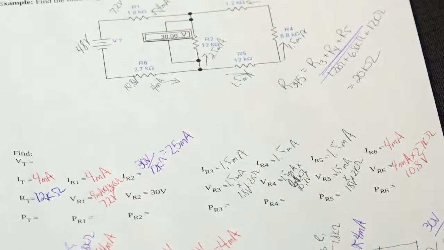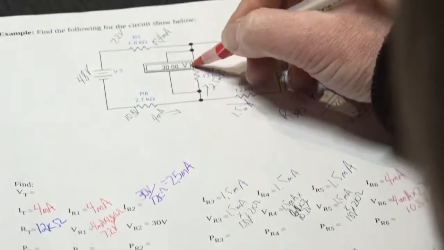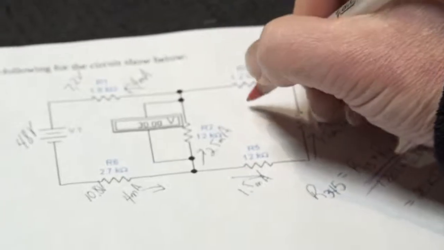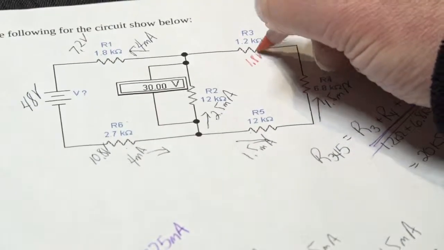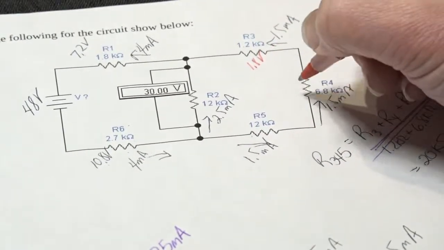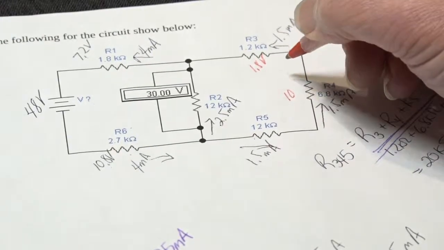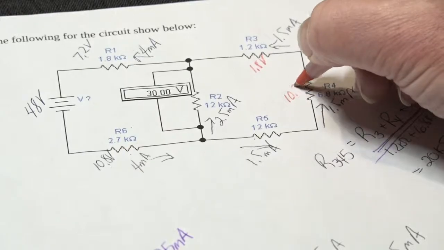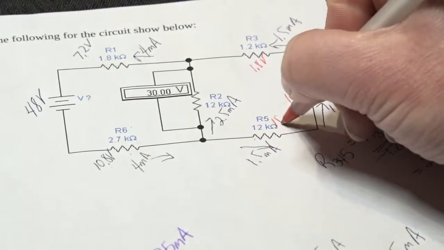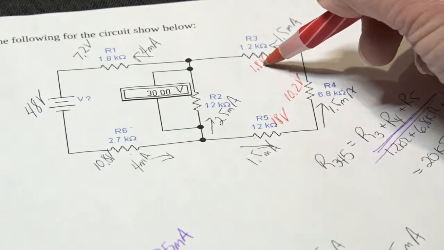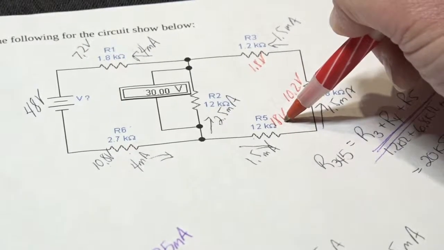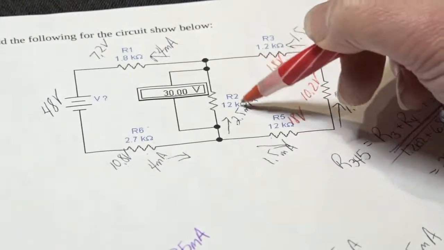Now let's take a quick gander here. If we've got 30 volts here, and we said that we had 1.8 volts there, and we had 10.2 here, and we have 18 volts here, 1.8, 10.2, and 18. Oh, by golly, they add up to 30.